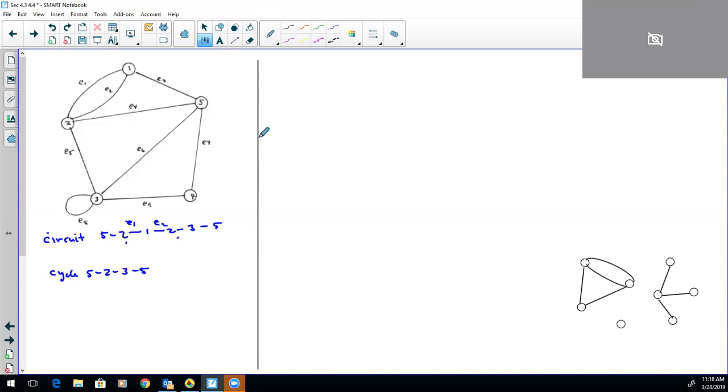Okay, here's some more terms here. Vertices are connected. Okay, and that would be, obviously, there's a path between them. Okay. Now, when you have connected vertices, then there's an equivalence relation.